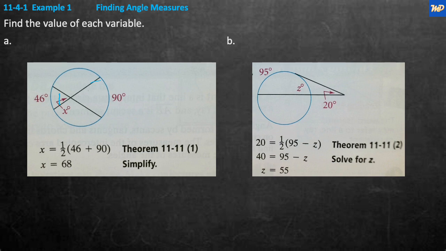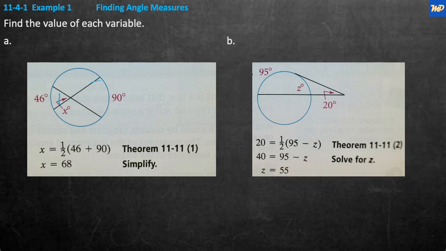Well, according to theorem 11.11, if the lines intersect inside the circle, then it's the sum. This angle here is the sum of half of these two arcs. So we have X is equal to 1/2 of 46 plus 90. X equals 68.